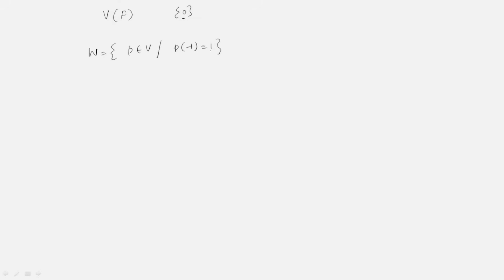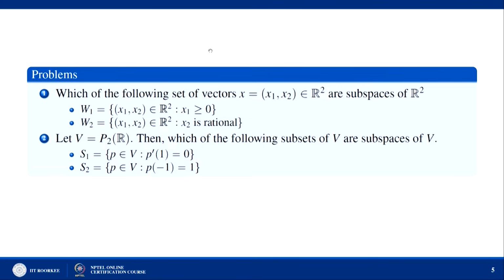Now, the identity of this P2 is 0. This P2 has an identity 0. And that polynomial is not there in this S2, because it contains all those polynomials whose value at minus 1 is 1. So the 0 polynomial is not there, because the 0 polynomial at minus 1 will equal 0 only, and will not be equal to 1.